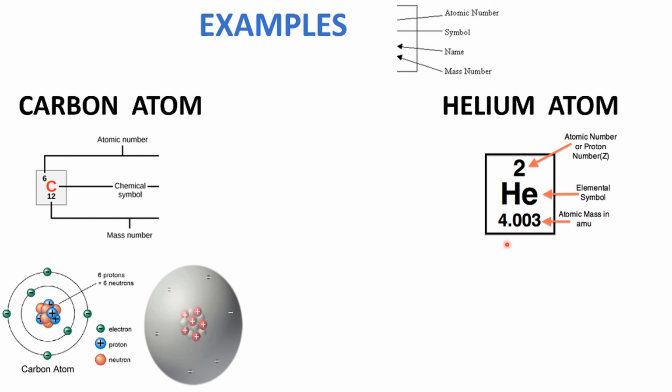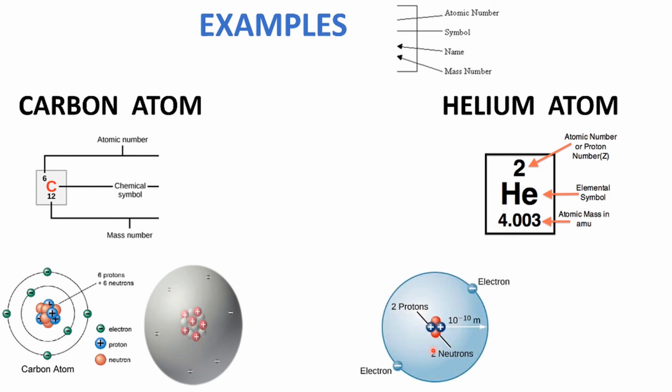If we need to calculate the neutron number, we subtract the atomic number from the mass number. It will give us the number of neutrons. 4 minus 2 equals 2. Here there are 2 protons and 2 neutrons, and the electrons that move around the nucleus equal 2.